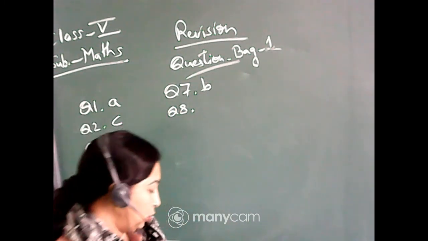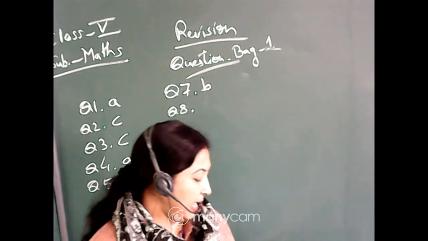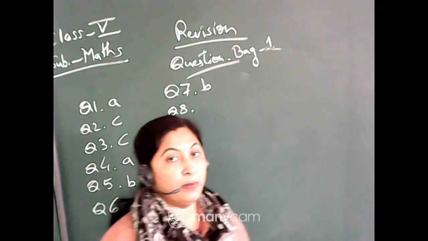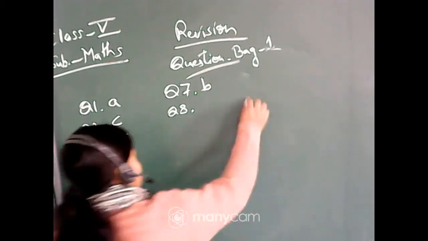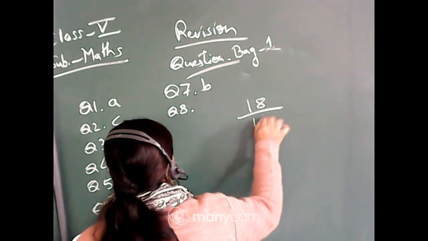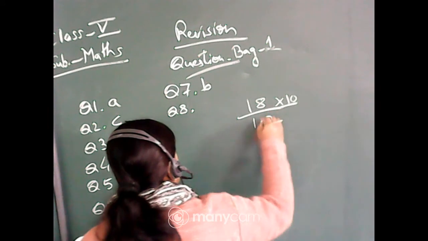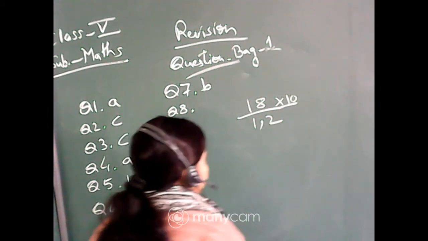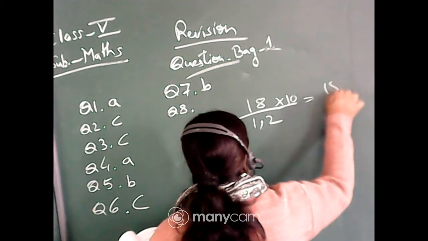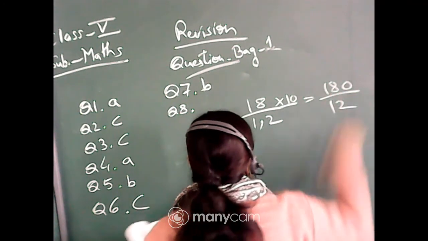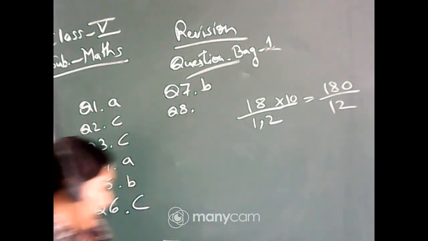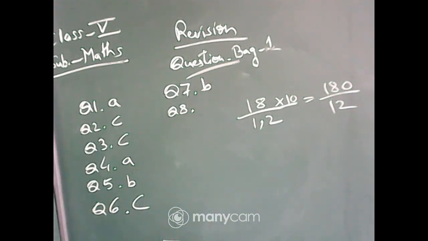Now come to number 8. 18 divided by 1.2. To remove this point, I have to multiply by 10. So this point is removed. That means 180 by 12. You have to divide 180 by 12.